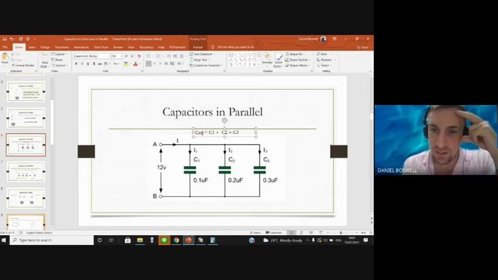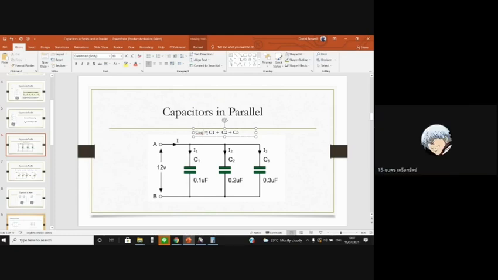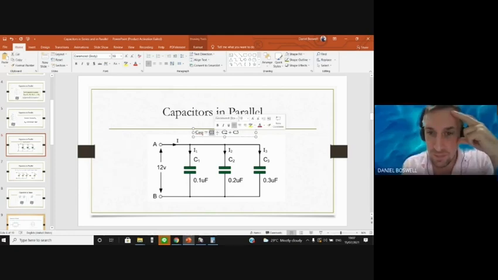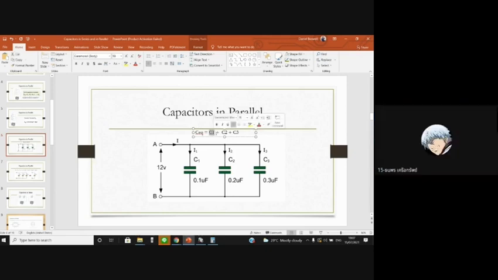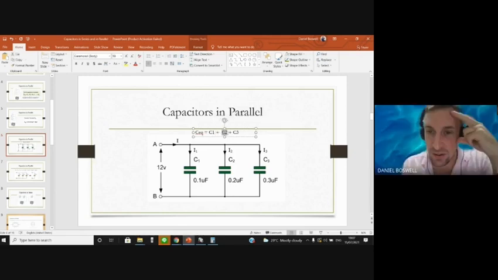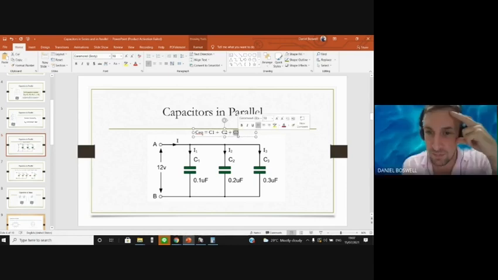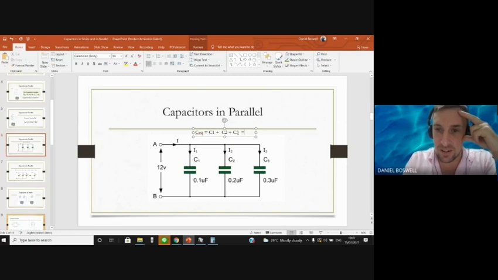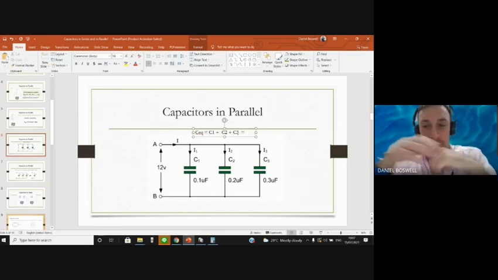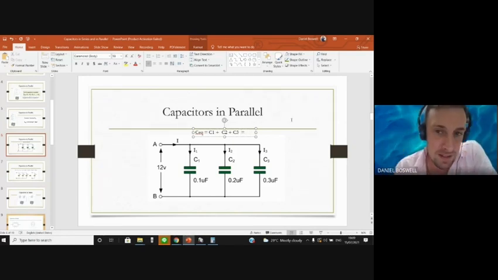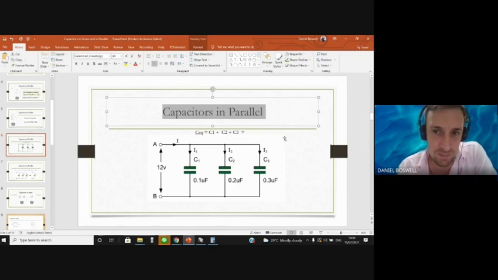So we'll say CT equals C1. Copy me, yeah. C1 plus C2, good, plus C3. CT. Good job, well done. And the answer is, everyone, easy, yeah?